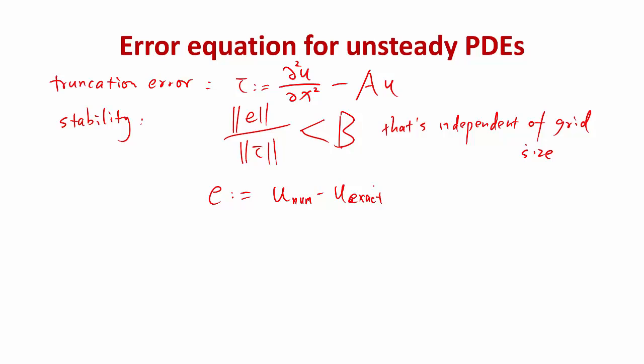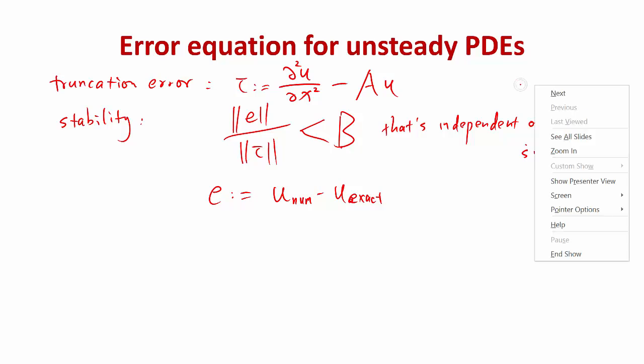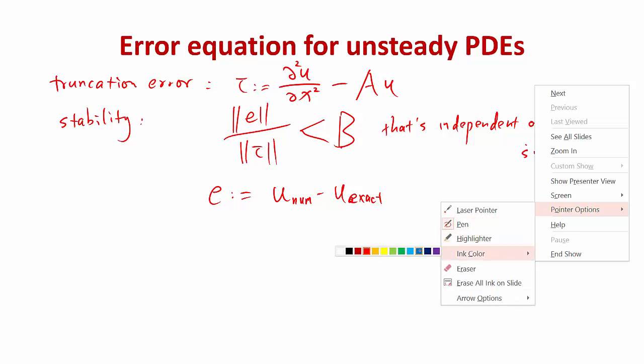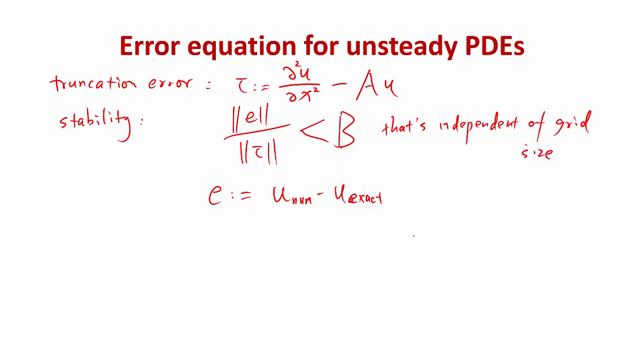And today we are going to look at how we can do this for unsteady PDEs. We are going to see that it is a little bit more complicated for unsteady PDEs because the error would be carried over in time and accumulate. So it is not just one ratio of the norms.